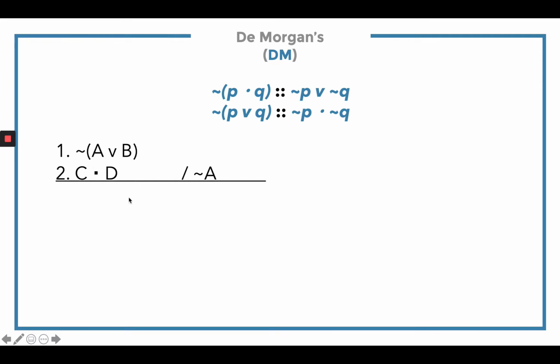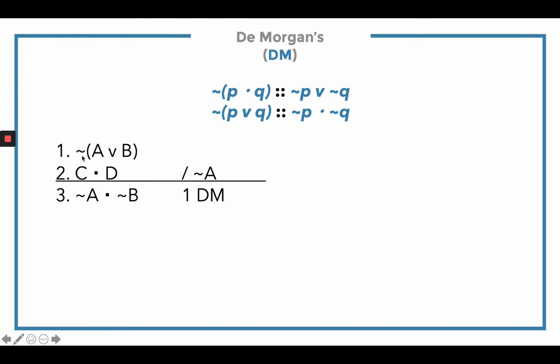And the way that we're going to get it out of those parentheses is by using De Morgan's. So we take the tilde, we distribute it to the A, distribute it to the B, and then we switch the or to an and. That gets us not A and not B from line 1, De Morgan's.